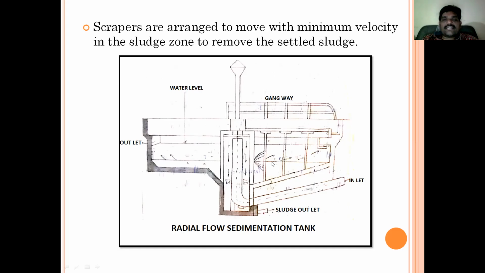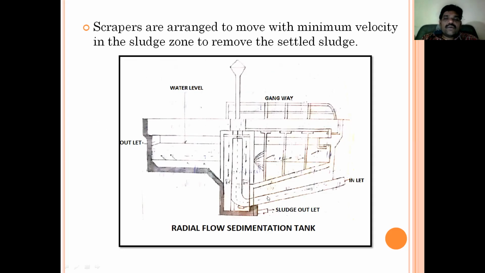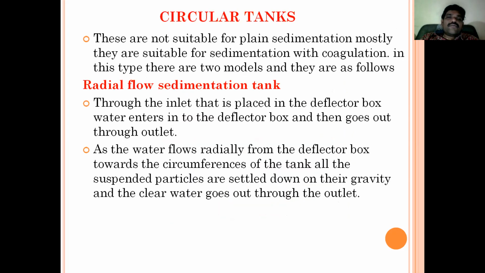This is the deflector box, and water goes out through the outlet. This is the outlet. Water enters from this point. Radially, water will be distributed. These are the scrappers to maintain the velocity. Through the outlet, water will be taken out, and the gangway is meant for maintenance works. This is about the circular radial flow sedimentation tank.